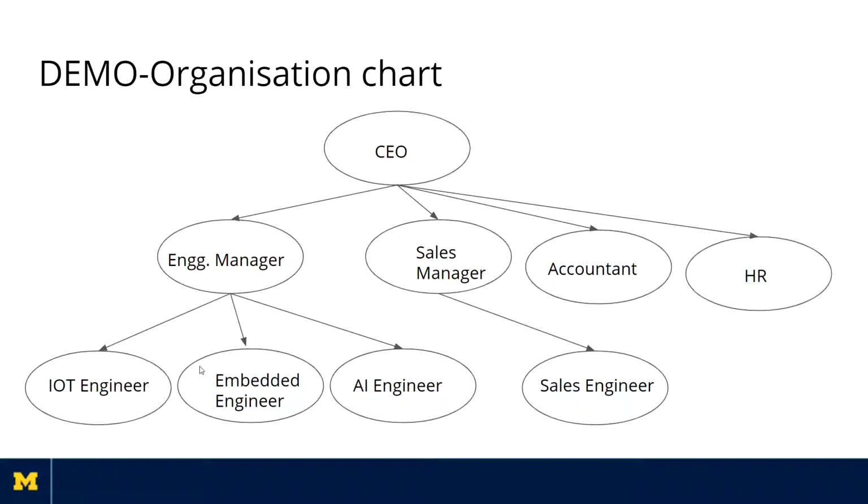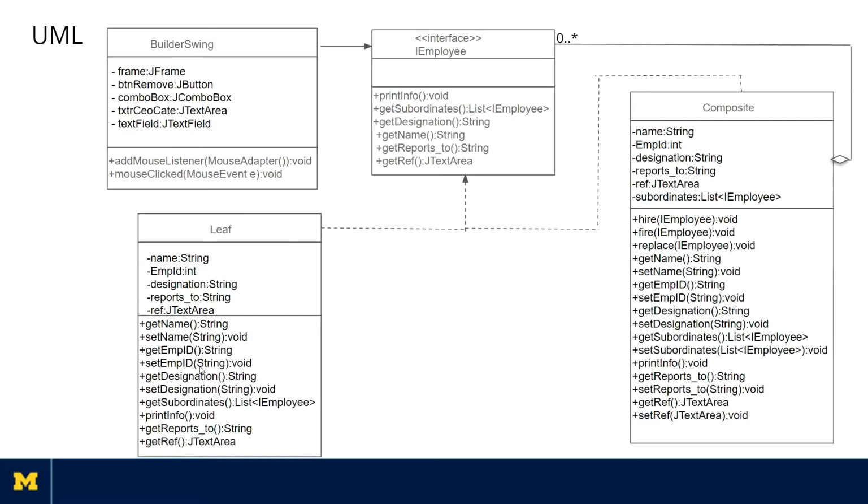Obviously the CEO, the engineering manager, and the sales manager are the composite nodes because they have leaves or composites connected to them. And the other people, the rest of the engineers and the accountant, are all called leaf nodes because they cannot be expanded any further.